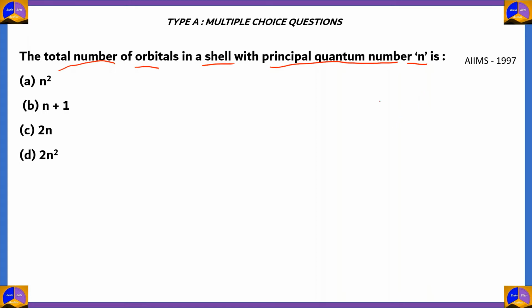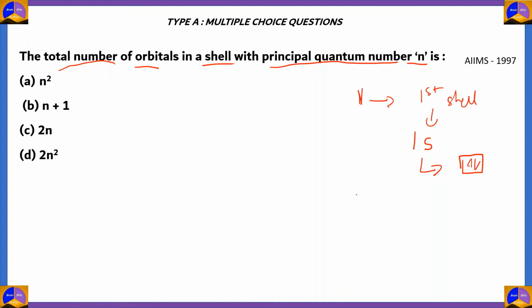So before we go with the case where n is present, let's start with principal quantum number 1. So principal quantum number 1 means we have the first shell. And the first shell has 1s orbital. And this 1s subshell has 1 orbital where 2 electrons can stay.